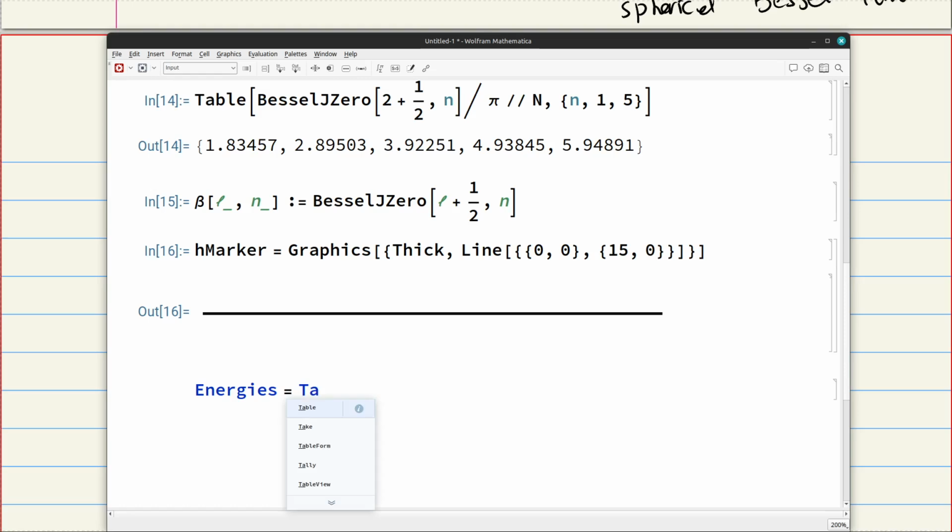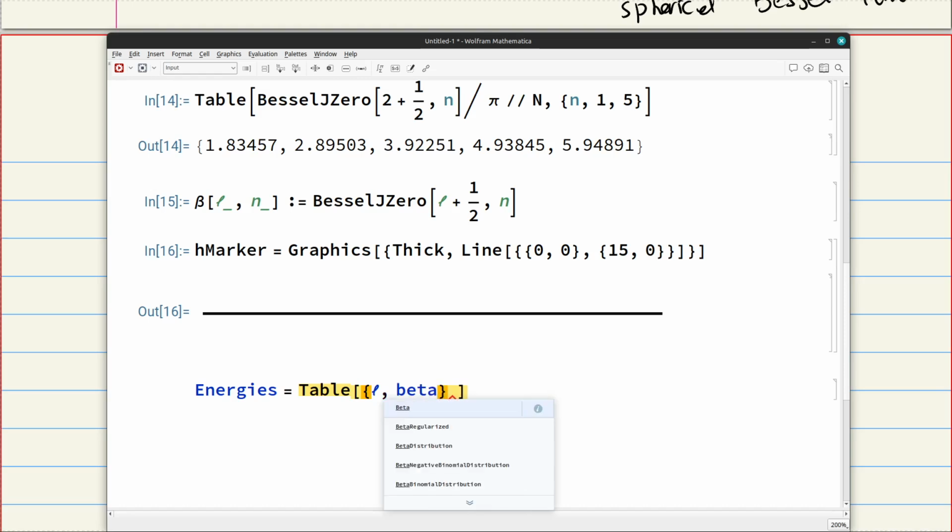Now I can make a table of energies. In my table I have this L, Bessel function L, and the beta of n, 0.